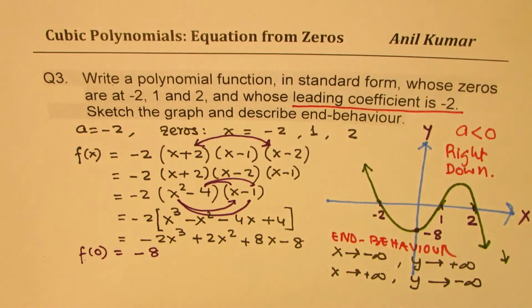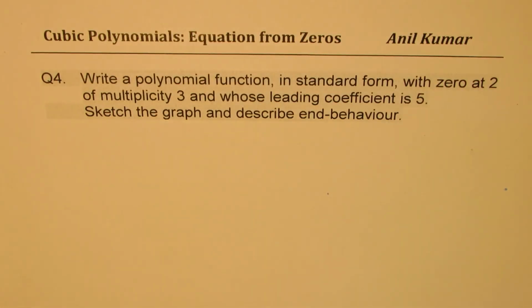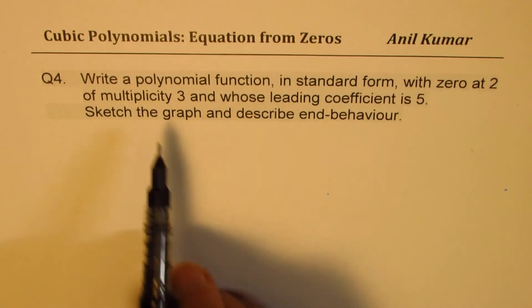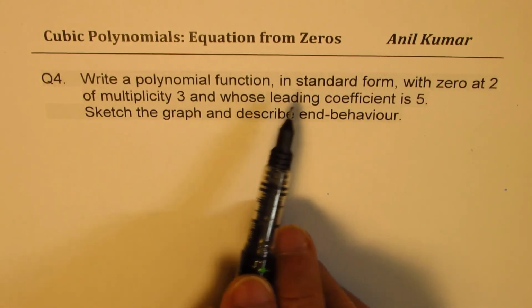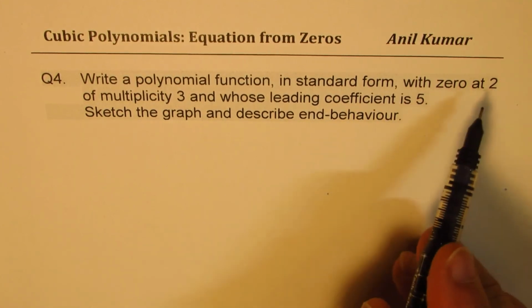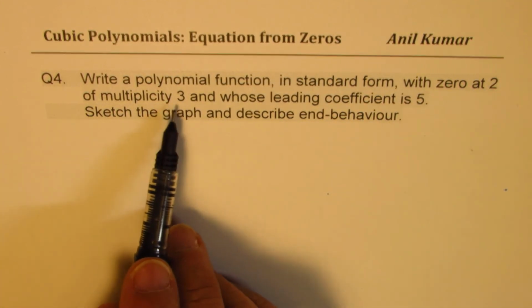Now we are at the last question, question number 4. I hope all the concepts are absolutely clear. You can now pause the video, answer this question, and then look into my suggestions. Again, we need to write a polynomial function in standard form with zeros at 2 of multiplicity 3.